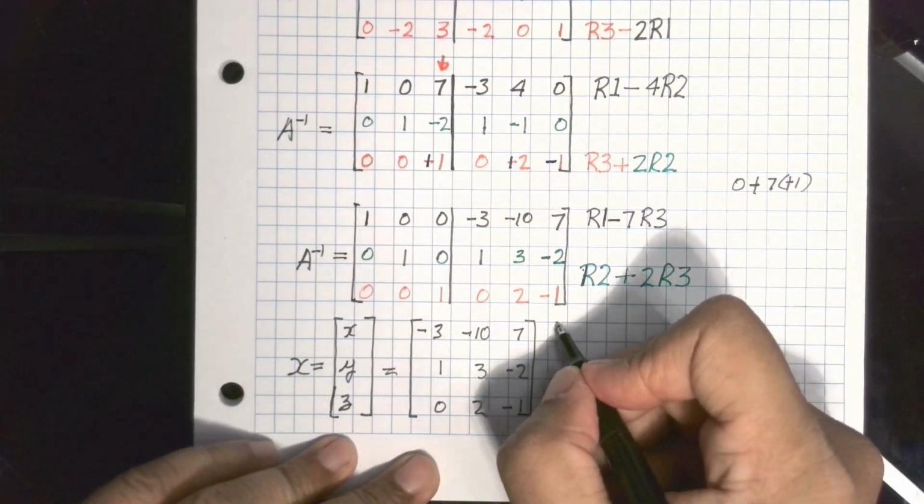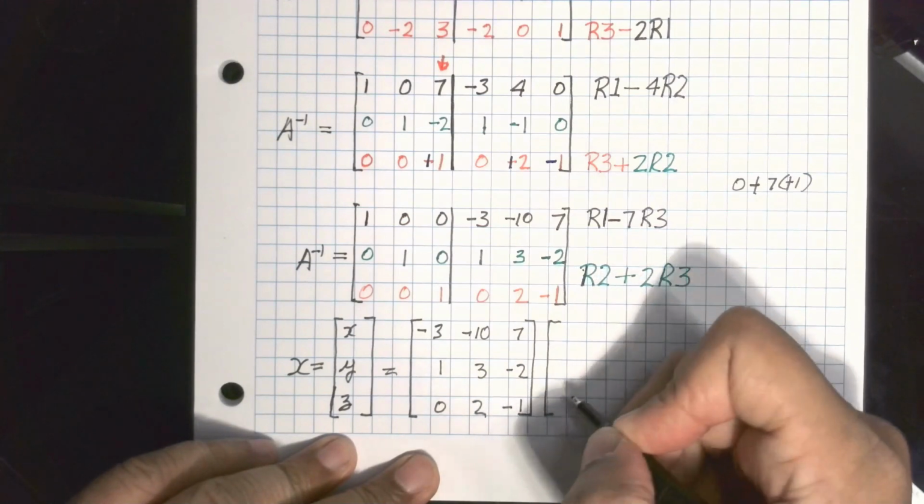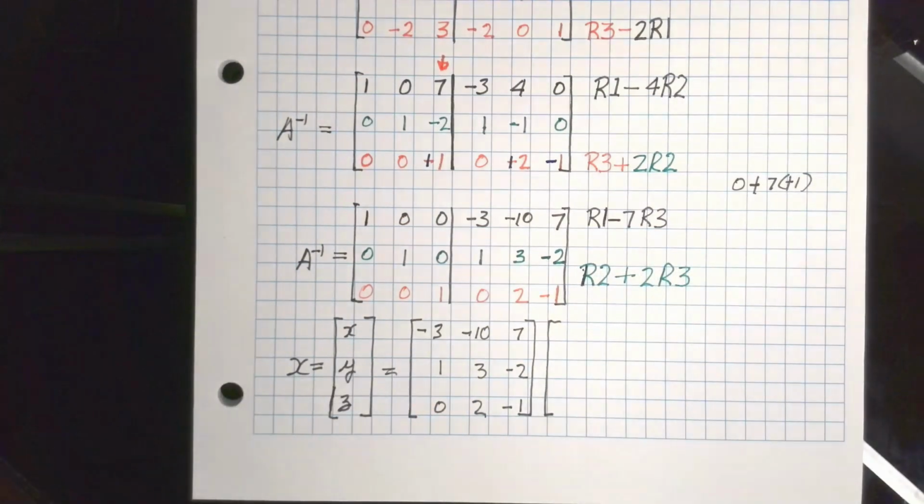And we're going to multiply that by matrix C, which we have dictated right at the beginning. And that particular matrix is 4, 7, 12.